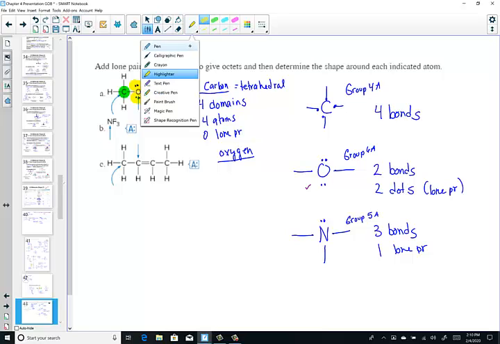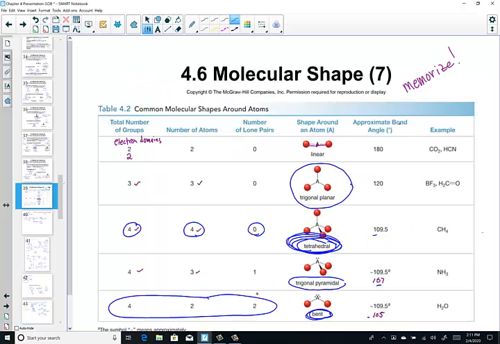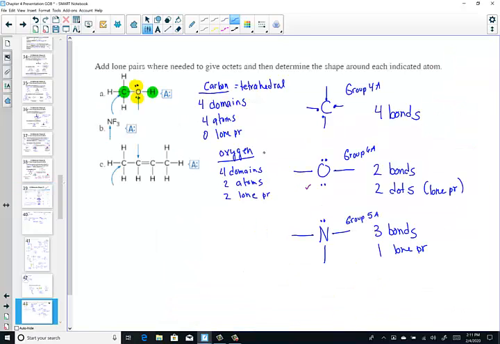So this is a little different. Oxygen does have 4 domains, domains being atoms and lone pairs. 2 of them lead to atoms and 2 lead to unbonded lone pairs. So this VSEPR count is 422. You know that needs to be called bent. So at this particular part of the molecule, the oxygen is bent.